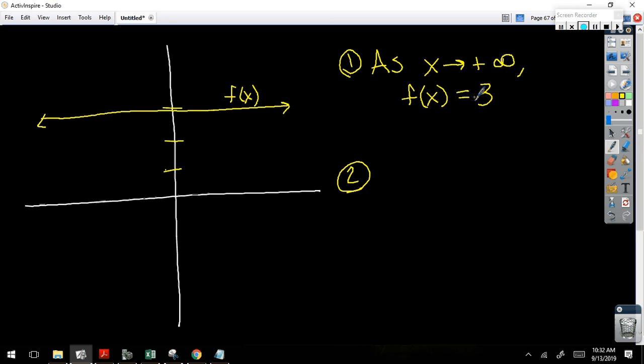It doesn't matter whether it approaches it from the right or the left. It's going to equal 3. It's not approaching anything. It is 3. It's not getting very close to 3. It is 3. So on the left side, it's going to be the same thing. As I look to the left, it's still 3. It's always 3 because that's the equation of the line. Does that make sense?